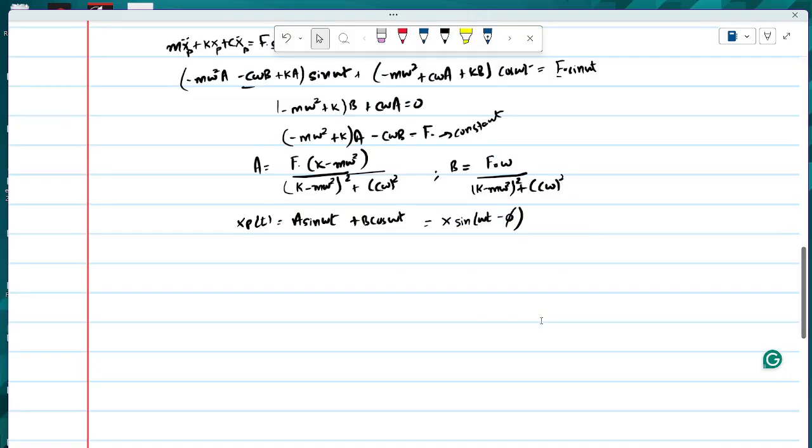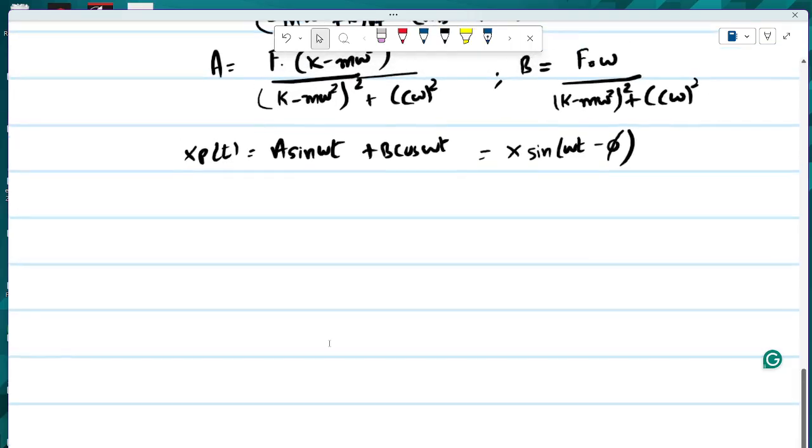So there are again some ratios for this one. There's a ratio between omega, the frequency of the forced vibration, and omega n, the natural frequency of the system.